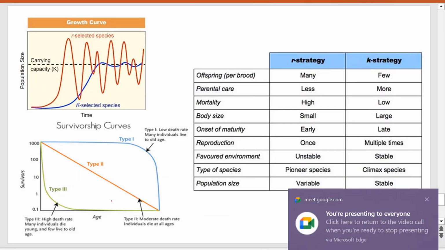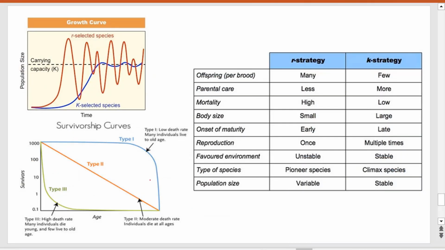A type 1 survivorship curve is displayed by the K strategy species, where they have a low death rate and many individuals live up to old age. Death mostly happens when the individuals reach old age, and then there is a decrease in the survivors.